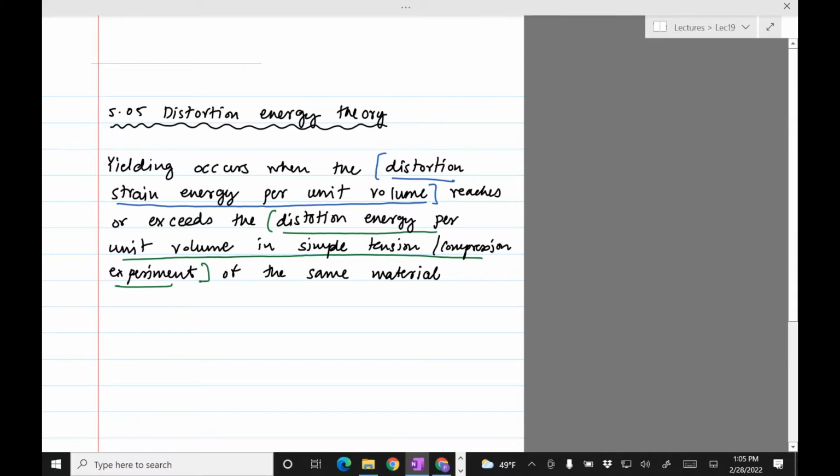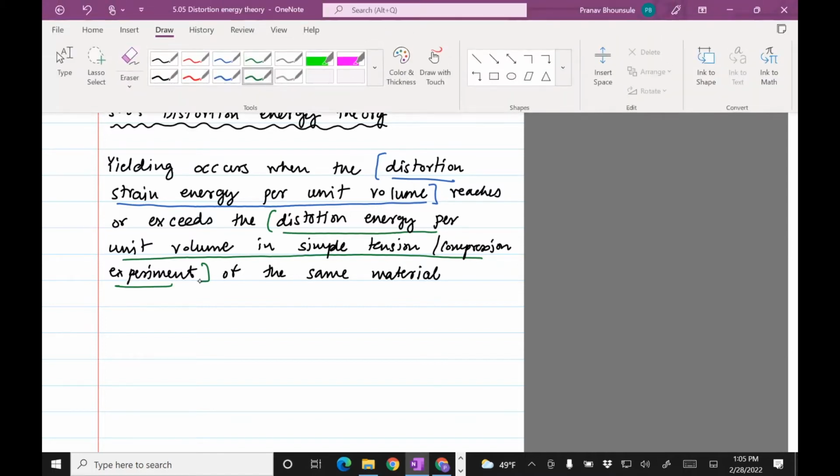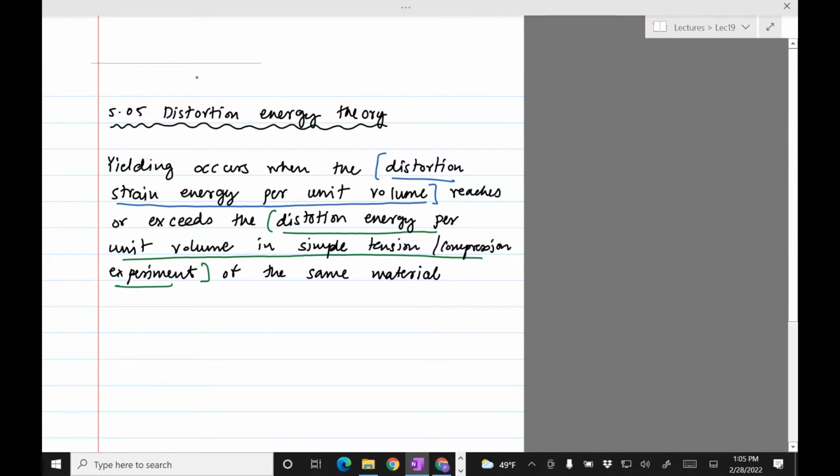It's a specimen subjected to tension or compression, and you keep loading it till it fails. We're interested in computing the energy when it just fails, which we can compute given that we know the yield strength. And then the last piece which connects the two is reaches or exceeds.